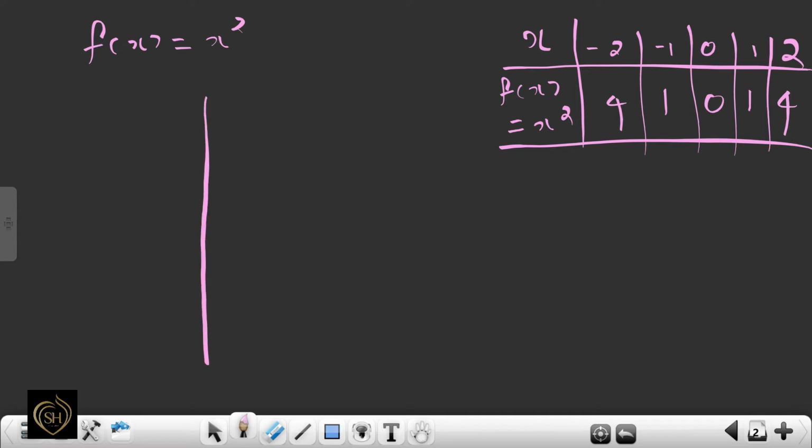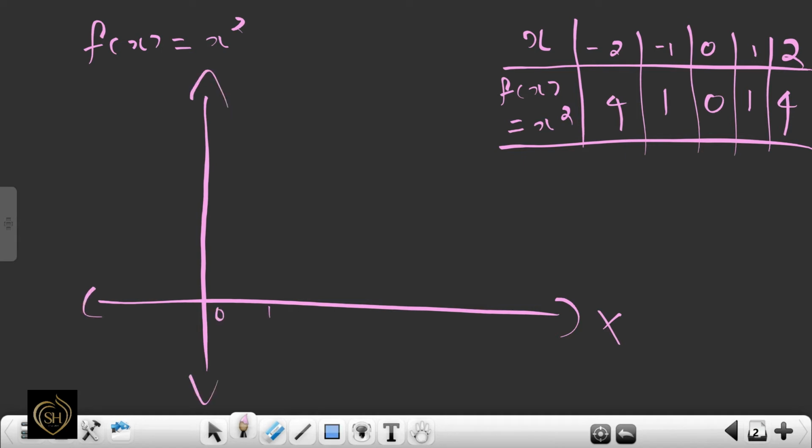Then plot on the axes. First point is minus 2, 4. Second point is minus 1, 1. Third point is 0, 0.